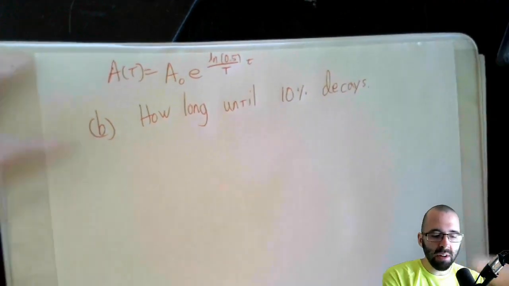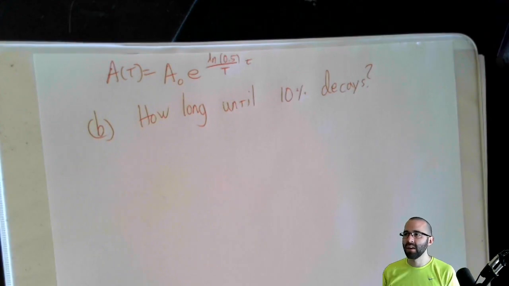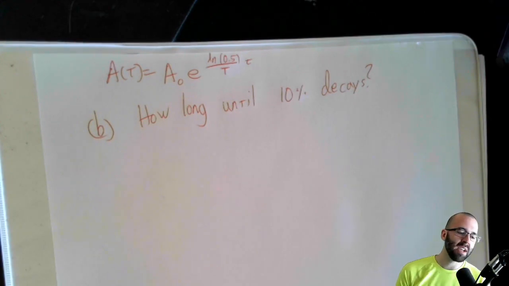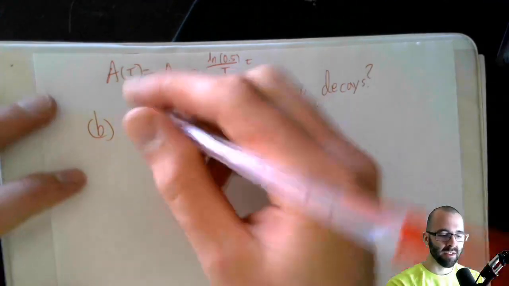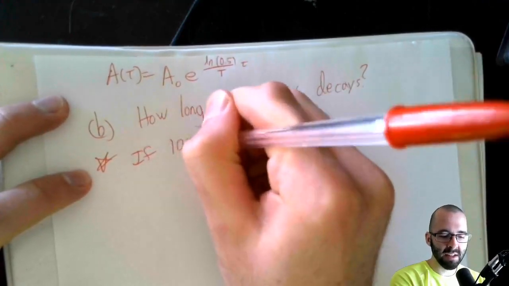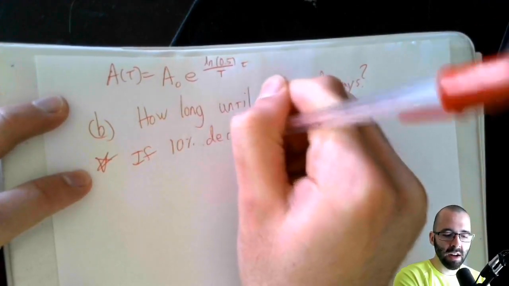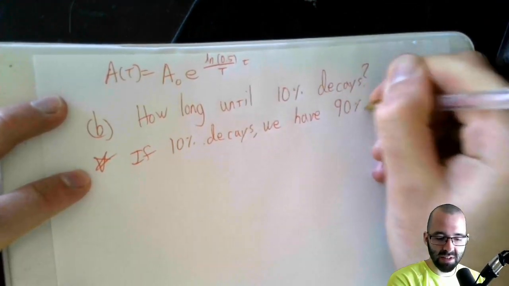So I really wanted to do part B because it's different phrasing. The most important thing in part B is how long until 10% decays. If 10% decays, this is the most important part right here, we have 90%.